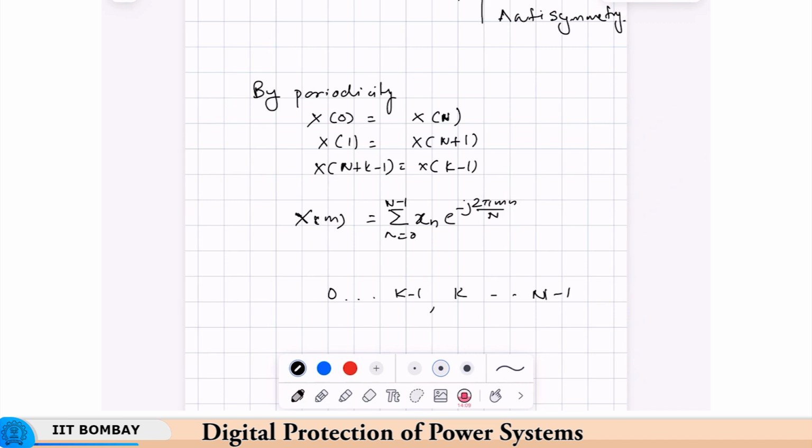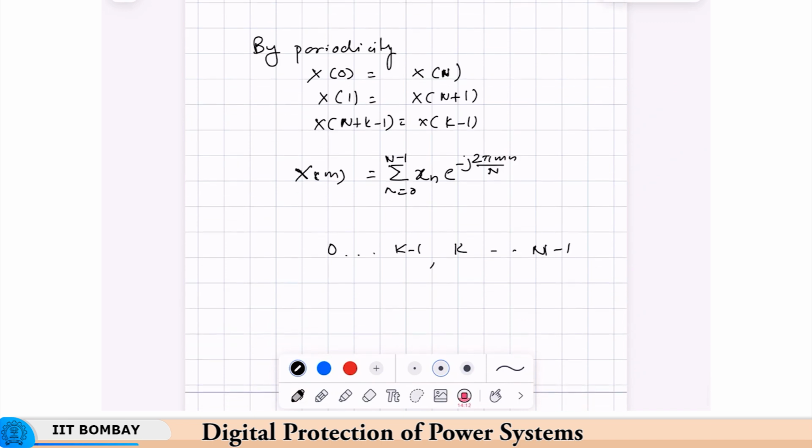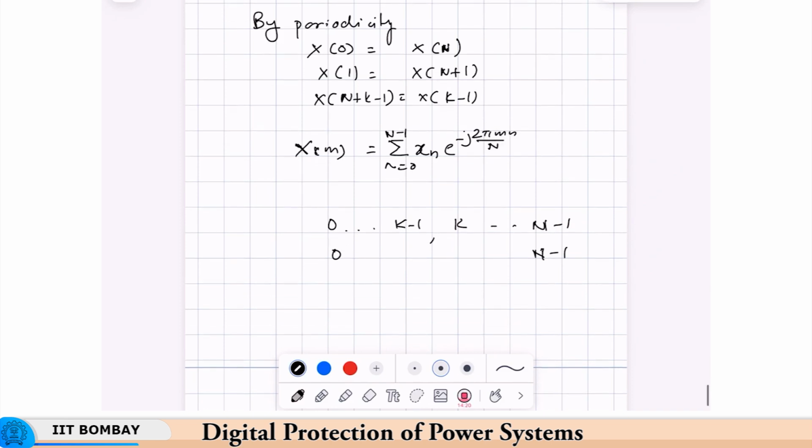We had a series from 0 to n minus 1, just split it in the middle, whatever k, as 0 to k minus 1 and k to n minus 1.